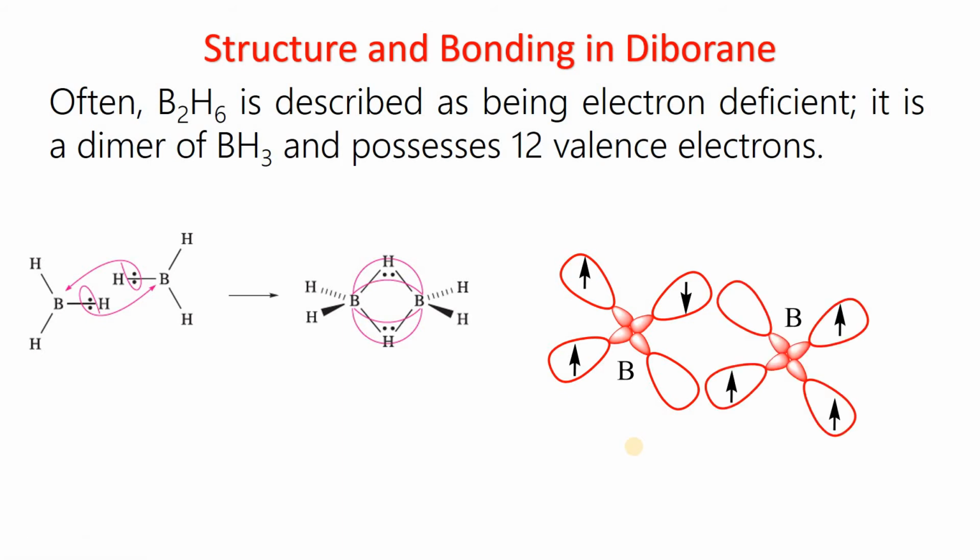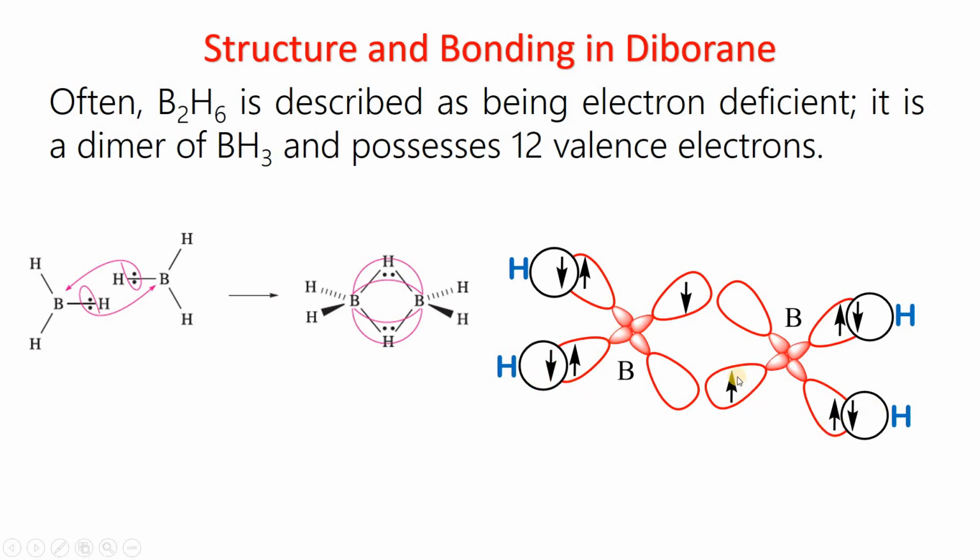Similarly, the second boron atom again has 3 electrons and the 4th sp3 orbital is empty. And these are the 4 terminal hydrogens, and each hydrogen has 1 electron. So there is formation of a bond here, and here and here. So these 4 are the traditional 2 center 2 electron bonds.